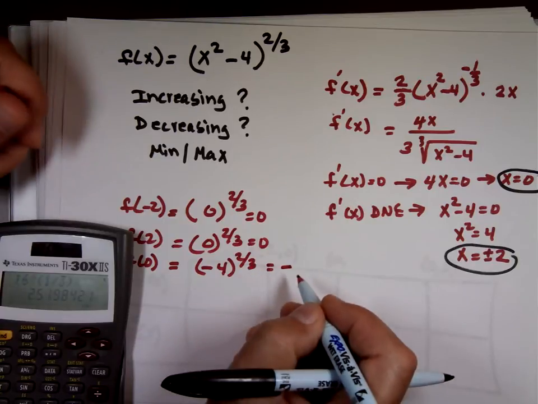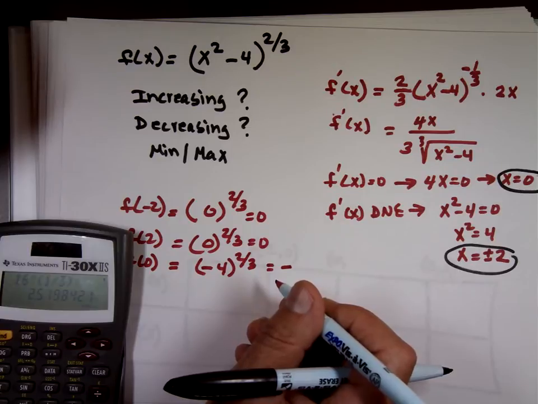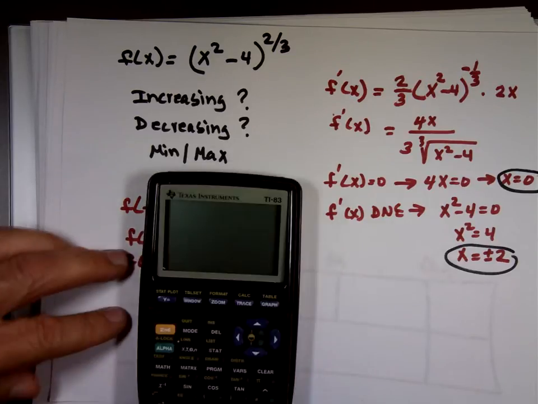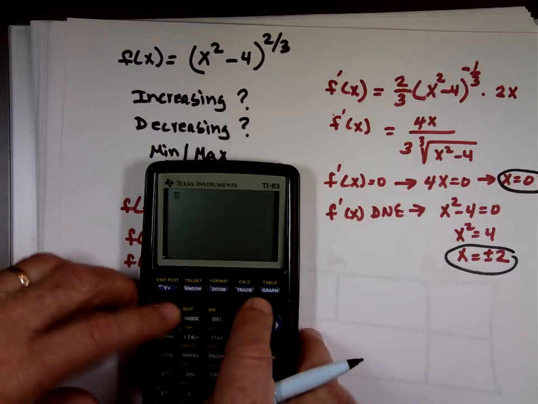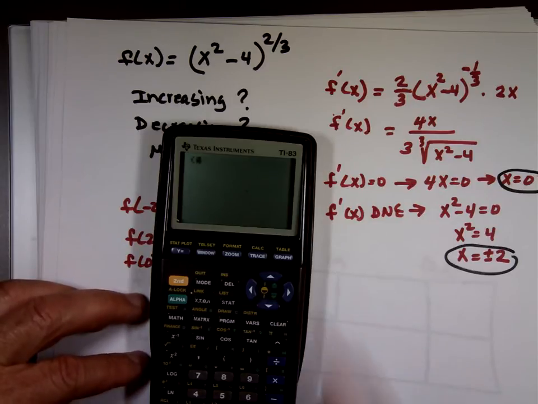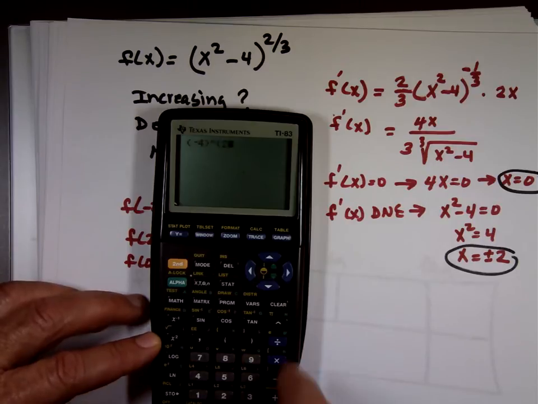It won't be negative, no. Would you use the calculator? Make sure you put the negative 4 in parentheses. Did you put the negative 4? Here we go. Get a good calculator. Separate them. In parentheses, negative 4. Oh, my minus sign is sticky. Negative 4 to the power, parentheses, 2/3. 2.52, positive.